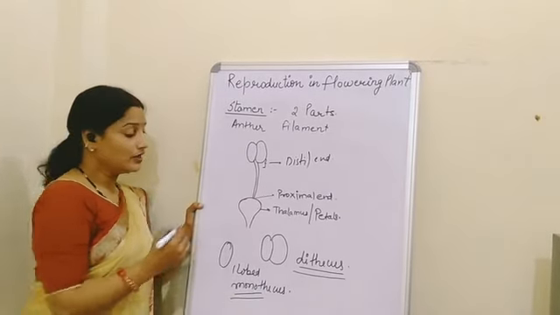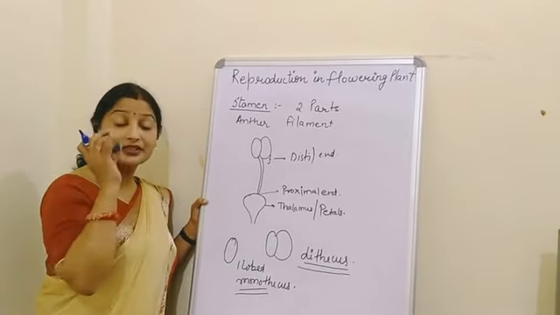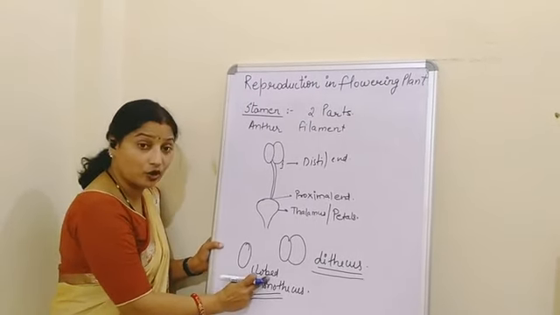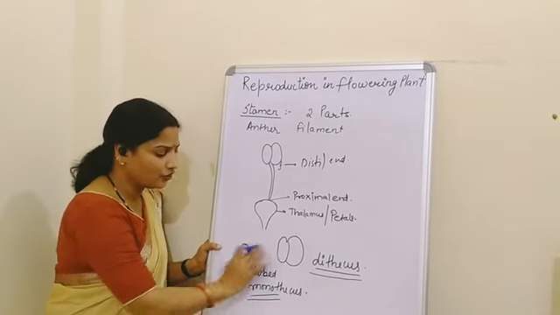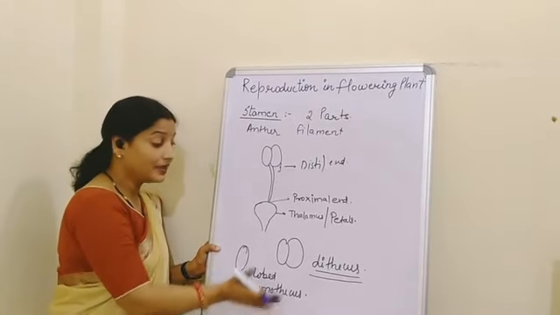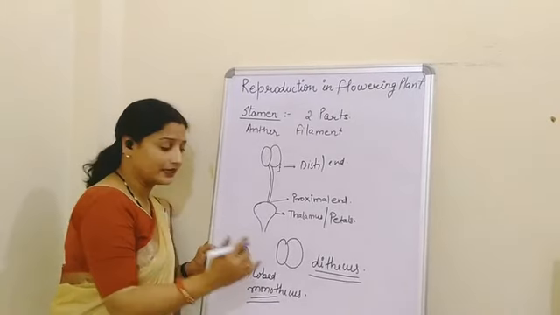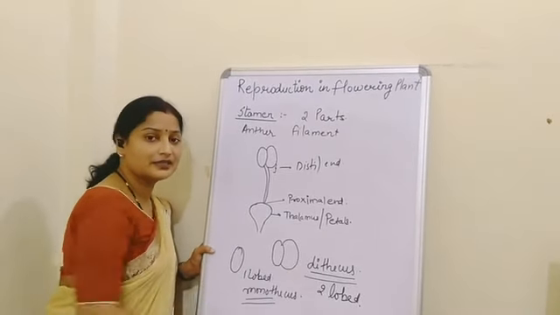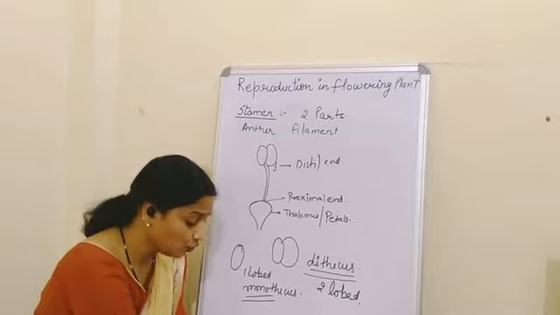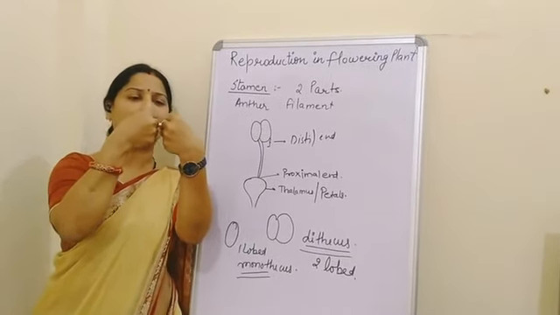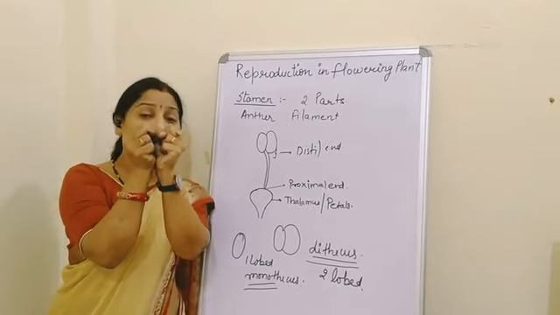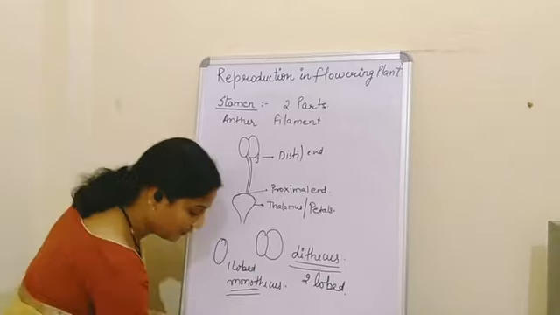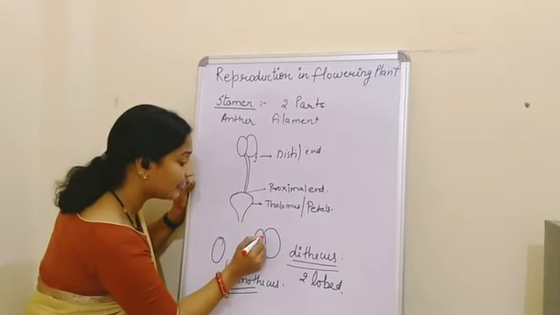Clear? Now, look at the meaning of theca. Theca is the lobe. If the lobe is one, it is called one-lobed or monothecous. And the common example is the Malvaceae family. If the theca is 2, that is, if it contains 2 lobes, then it is called diathecous. Now, suppose these are the 2 thecae; the 2 thecae are joined with the help of a tissue called connective tissue, or it is also called sterile tissue.